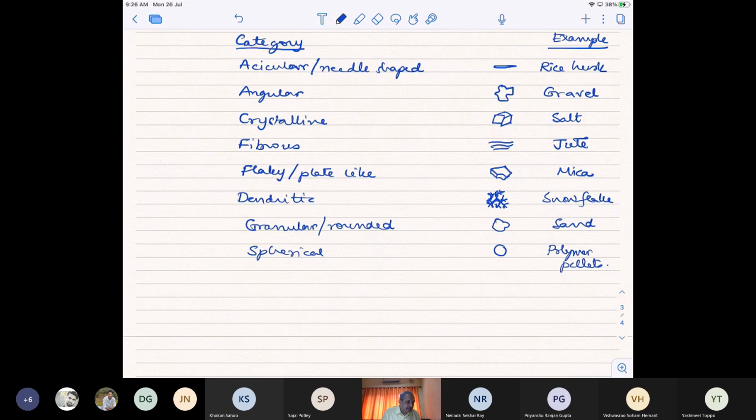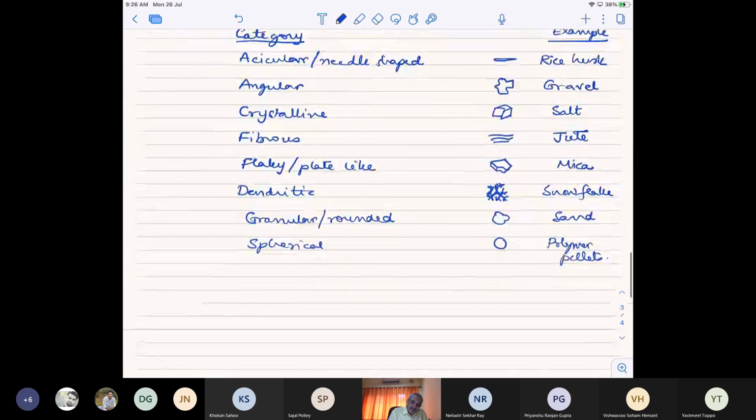This is quite qualitative. Now, if you have particles which are roughly spherical, then there is a quantitative method, and when it's close to being a sphere, you can define a quantity called sphericity, which is often denoted as phi s.